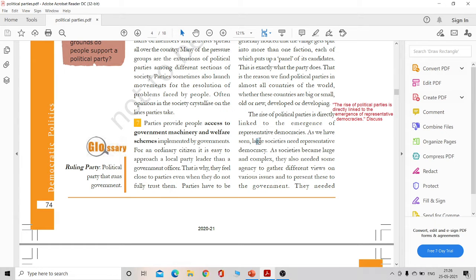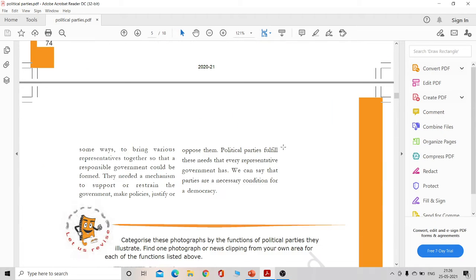Large societies need a lot of representation, especially a country with a billion strong population like India. It is not possible for one political party to cater to the needs. So that is why many regional parties come up which cater to the various needs of the people, and collectively, therefore, a country becomes a democracy, right?